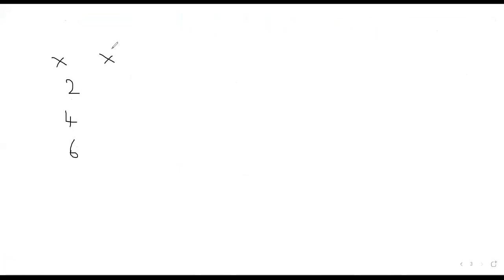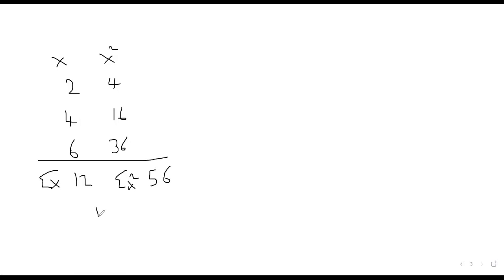You square them. 2 squared is 4. 4 squared is 16. 6 squared is 36. You total up. This is called summation of x, which is 12. This is called summation of x squared, which is 56. And our n is 3.